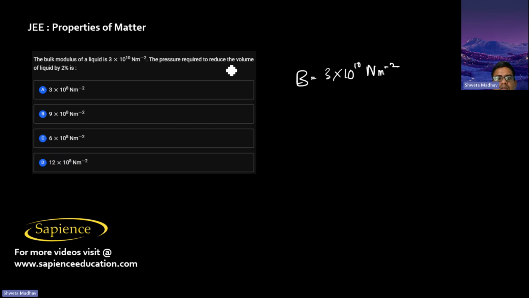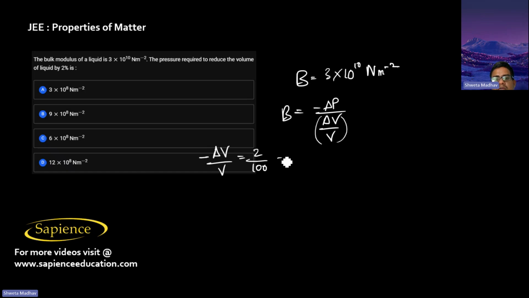So the pressure required to reduce the volume of the liquid by 2%. So bulk modulus, as we know, is minus delta P by delta V by V. So here it is told that minus delta V by V is equal to 2%, means 2 by 100, it's 1 by 50. The decrease in the volume of the liquid is 2%.